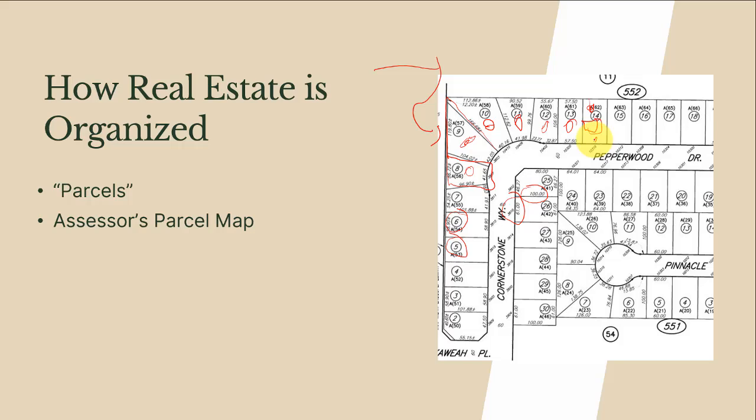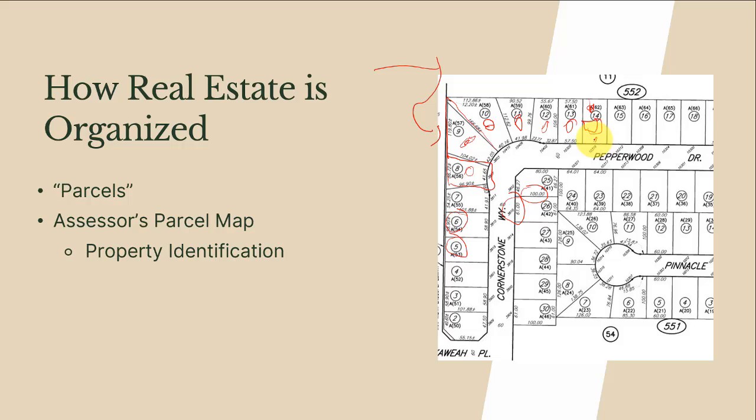And so, what is the use of these assessor parcel maps? So, for one, it's for identifying the property. This is the official ID code, you can say, for every parcel or every part of land that is officially recorded with the county.